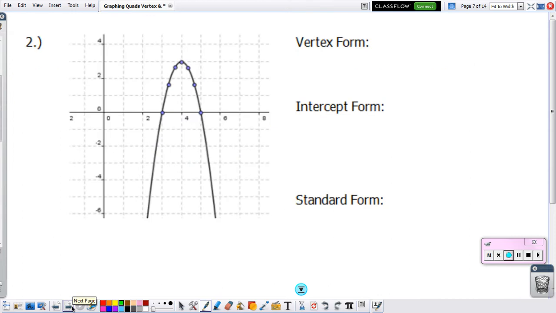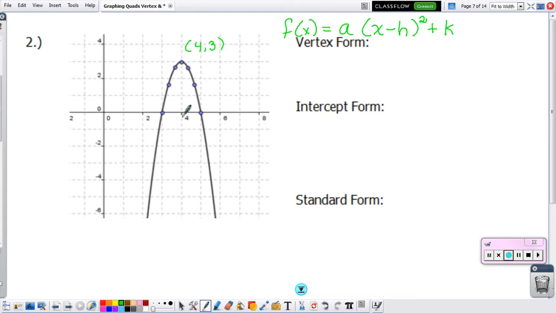Let's try another one. So if you remember, the equation for vertex form is f of x equals a times x minus h, don't forget the squared, plus k. So looking at your graph, we need to get our vertex, which is 3, positive 4. I'm sorry, it is 4, 3.